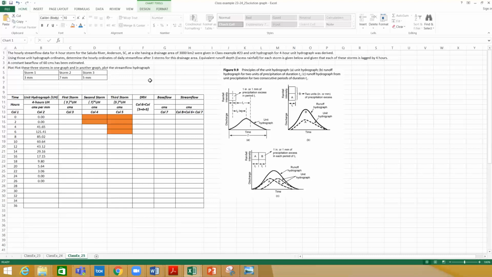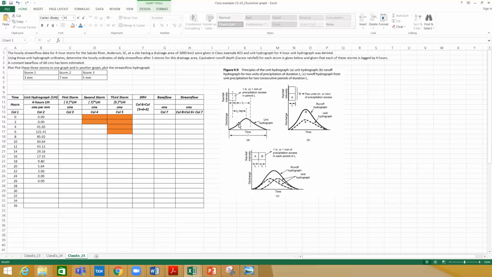If you can remember, in lesson 31, we discussed a little bit about the use of the unit hydrograph, and we said that if we know the unit hydrograph and the equivalent runoff depth, we can find the different values for the streamflow. So it will be something like that.